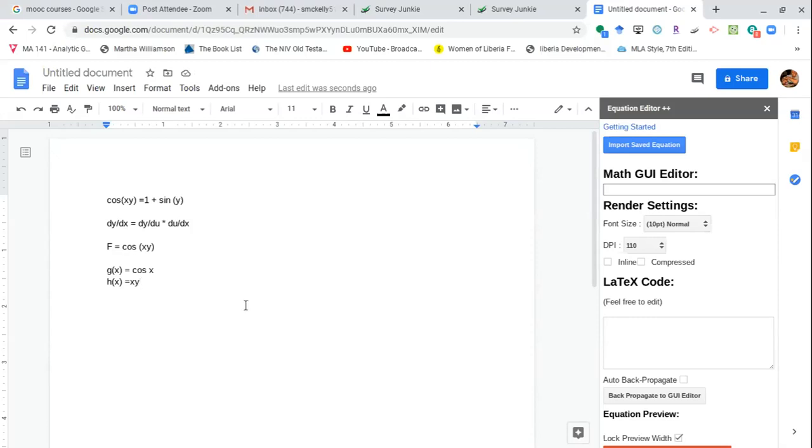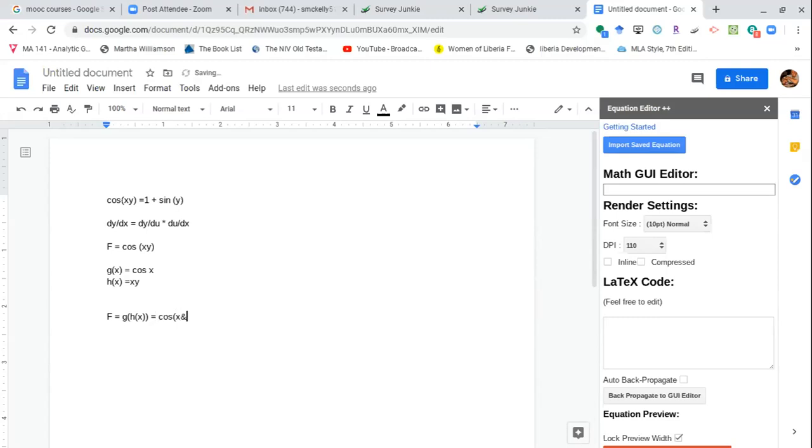So f is equal to f of g of x, and that means you're doing the outside function. This is cosine, but it's cosine of this inside part, xy.